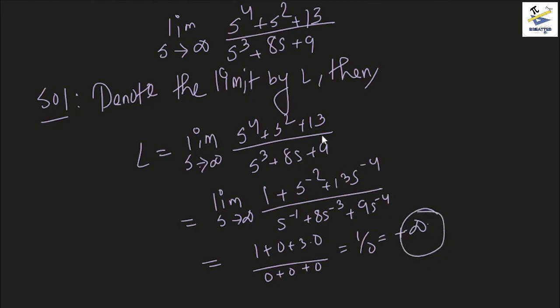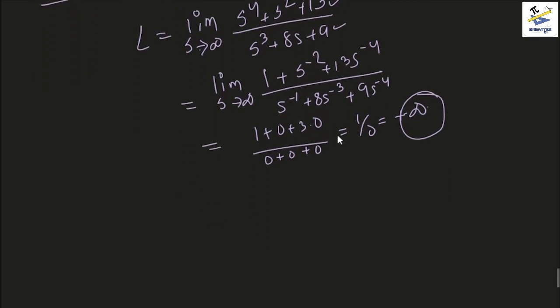This is also true because the highest power of the variable in the numerator is greater than in the denominator. So whenever you have something like this, I'll just write it as a thumb rule here.